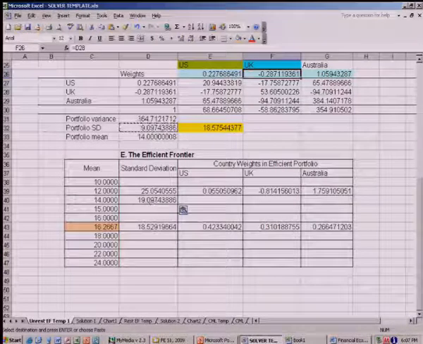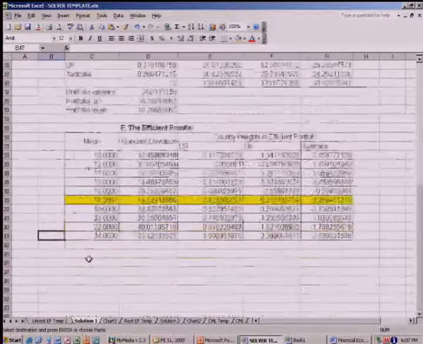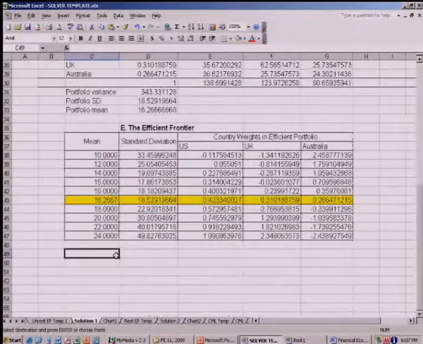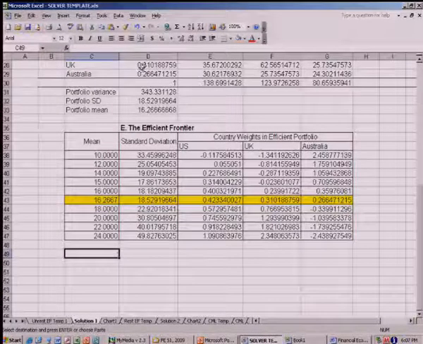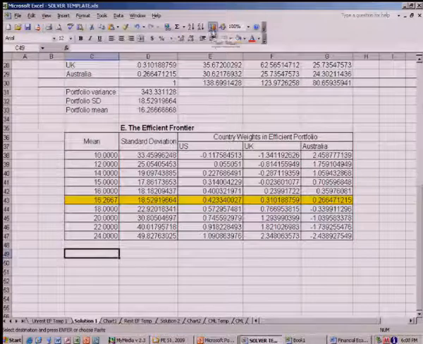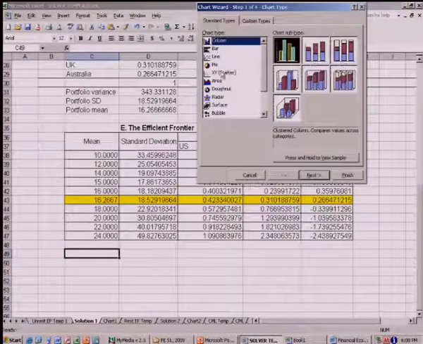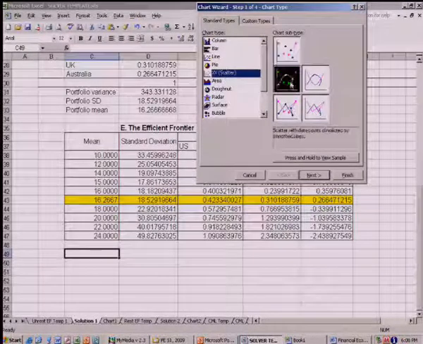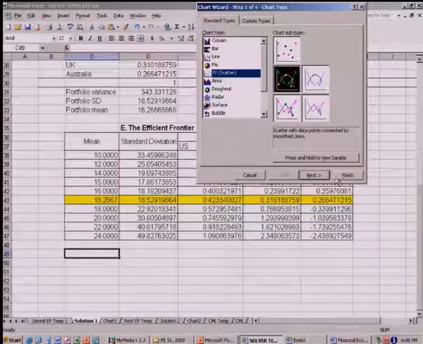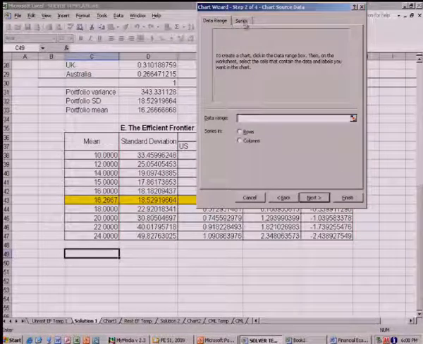Okay? So the next part of your exercise is to show it on a chart. What you have to do is go to your chart icon here on the tool menu, and then go to the XY scatter chart, and in particular the line scatter type of chart, and then you're asked to select the data.